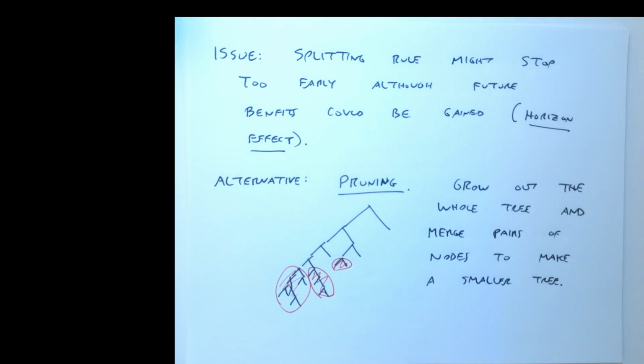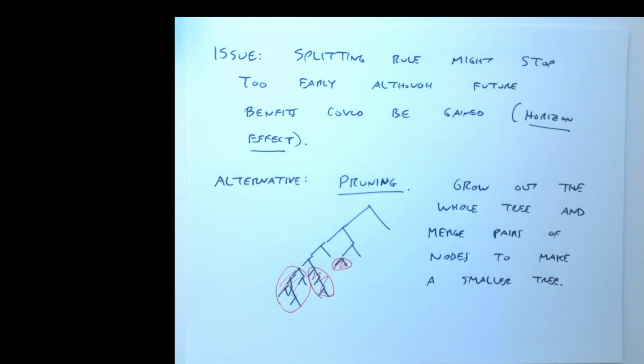I will merge a whole bunch of nodes that have a common ancestor as long as the change in the impurity is not too large. There are methods that work one leaf node at a time, or, as I drew here, take off whole chunks of branches.